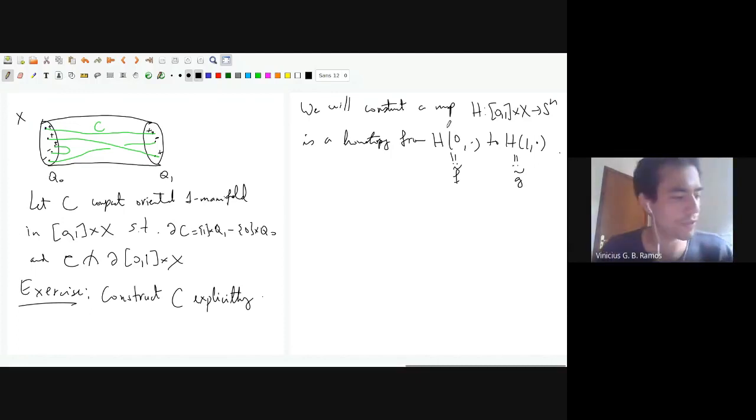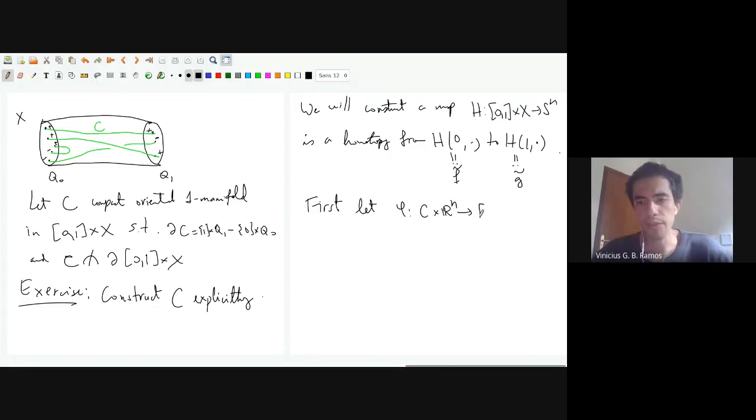So let's do the following. First, by, for example, the tubular neighborhood theorem, or something very simple, you can construct an embedding of C times R^n into [0, 1] times X. So this is an embedding phi such that phi of (x, 0) is the point x.